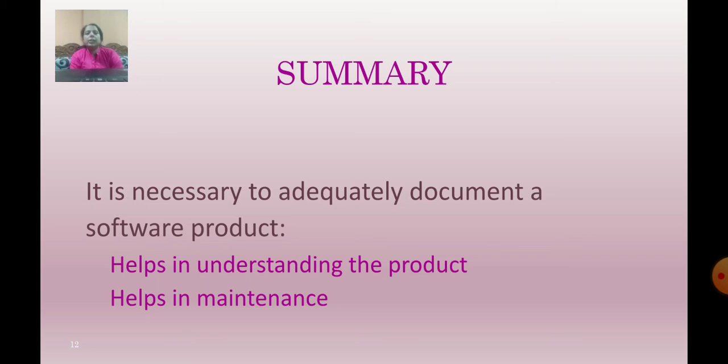It is necessary to adequately document a software product, and software documents help in understanding the product and in maintenance. With the help of documents we can easily understand the product and easily maintain it. So this is all about software documentation.